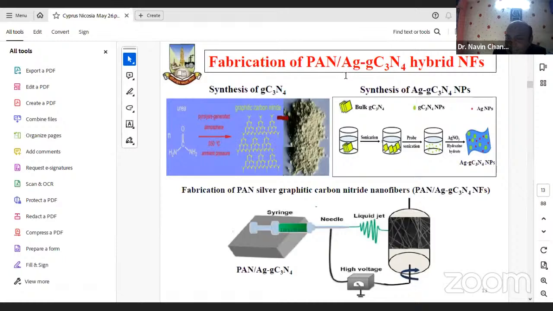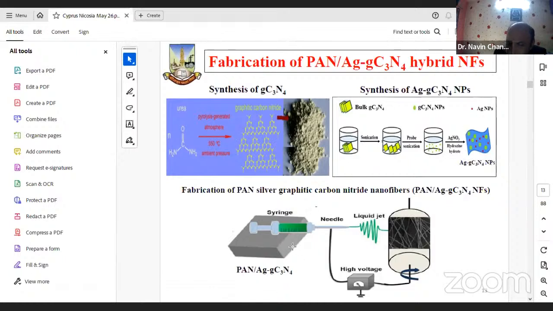Further, we synthesize PAN silver graphitic carbon nitride hybrid nanofibers. This is the way of the synthesis of graphitic carbon nitride. We have urea pyrolyzed at 550 degrees centigrade. We get graphitic carbon nitride, that is g-C3N4, and the bulk graphitic carbon nitride solution is put under sonication in the presence of silver nanoparticles. We prepare silver graphitic carbon nitride nanoparticles.